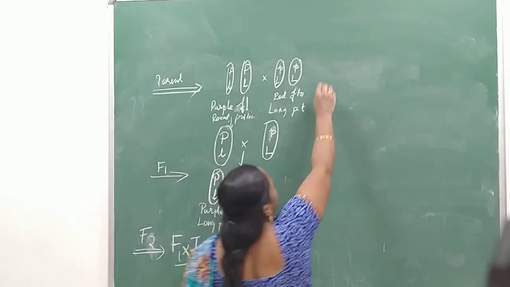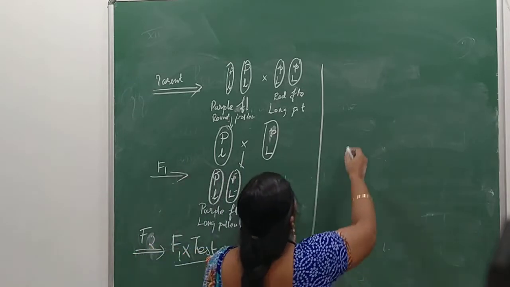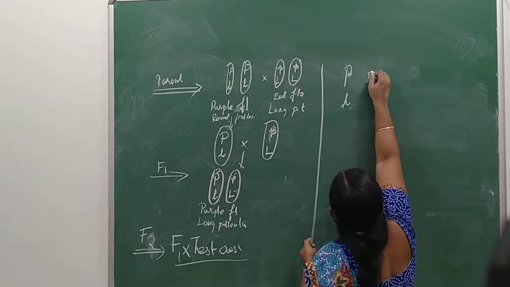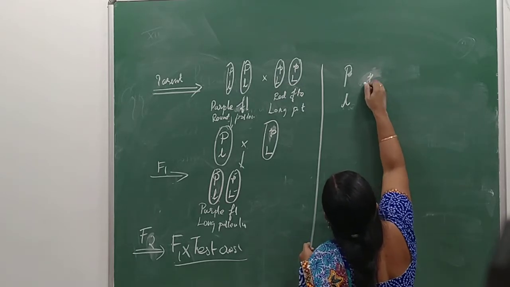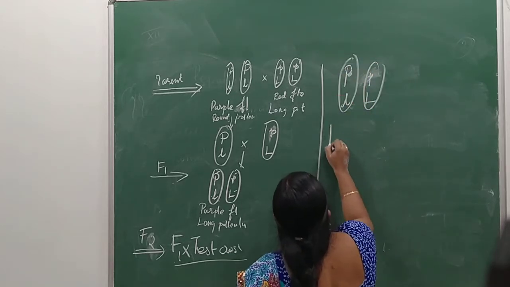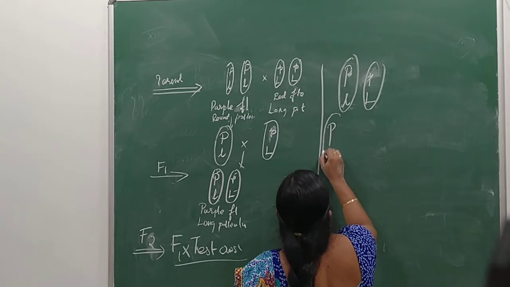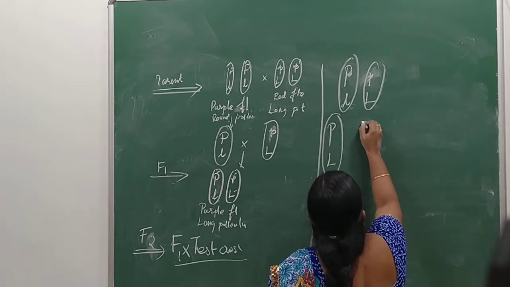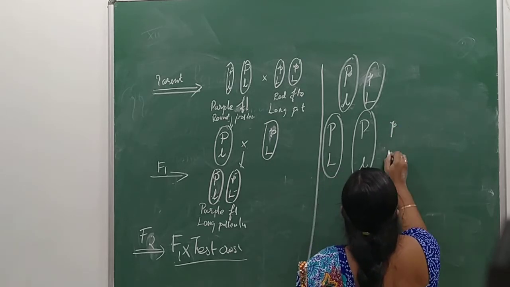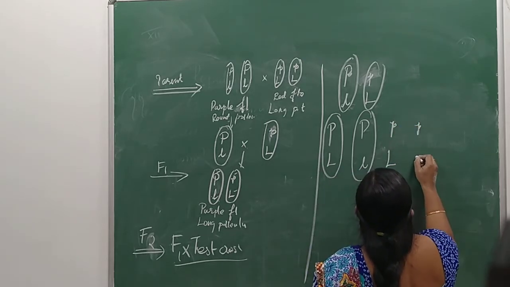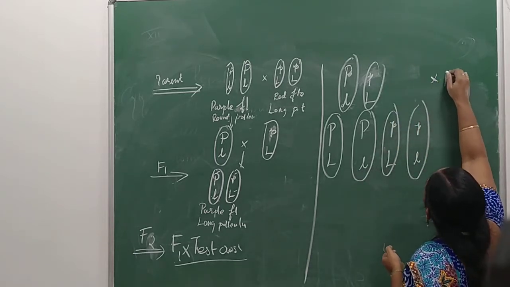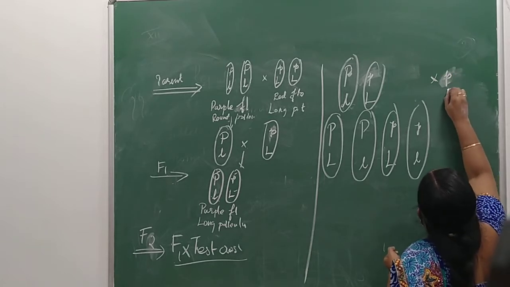So what is the F1 here? F1 is capital P small l and small p capital L. So here the possible gametes will be capital P capital L, then capital P small l, then small p capital L, small p small l. If I am doing test cross, that is small p small l.